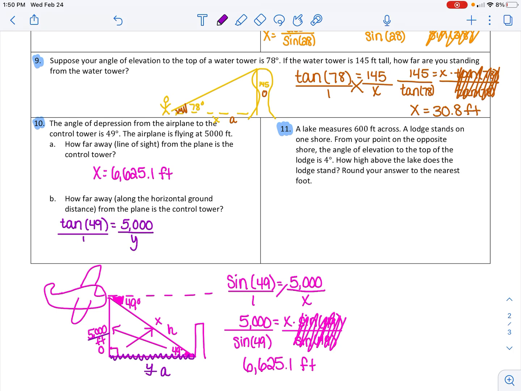So I'm going to cross multiply, which gives me 5,000 is equal to the tangent of 49 times y. In order to get y completely by itself, again, we're going to divide by the tangent of 49.